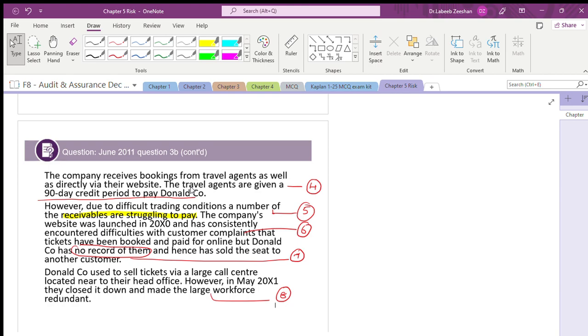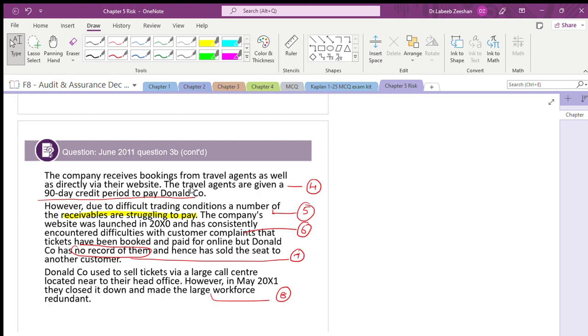The second one is that a number of receivables are struggling to pay. Again, struggling to pay is a going concern problem. Anything that happens on cash, anything that happens on receivables, it is a going concern.